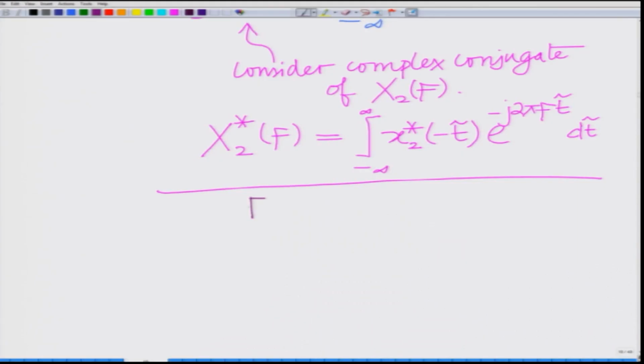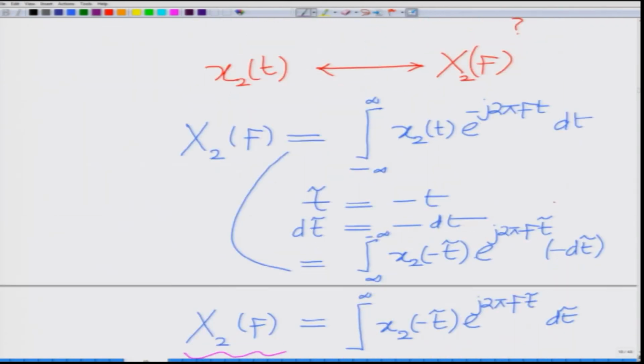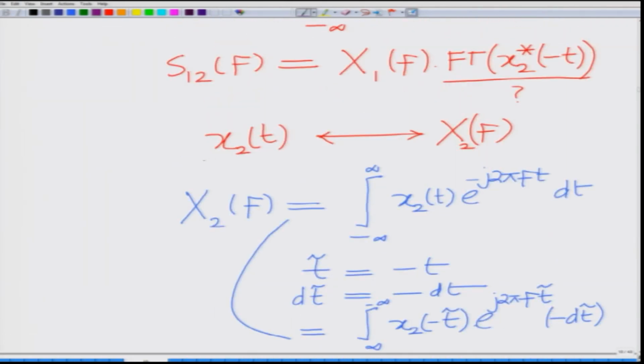That is, if x2 of t has Fourier transform x2 of f, then x2 conjugate of minus t has Fourier transform x2 conjugate of f.